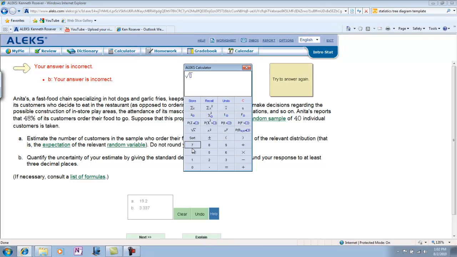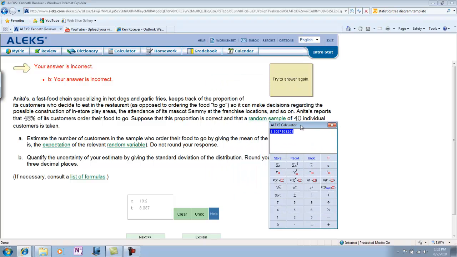Square root of 40 times 0.48 times 0.52, enter. Oh, 3.1. I'm not even close. I don't know what I hit last time. 3.1597. The 7 is going to tell us to round this 9 up to 10, which makes this a 6. So it's 3.16.